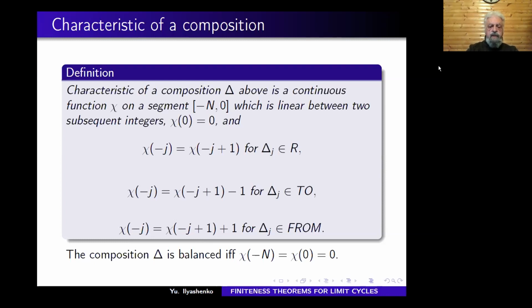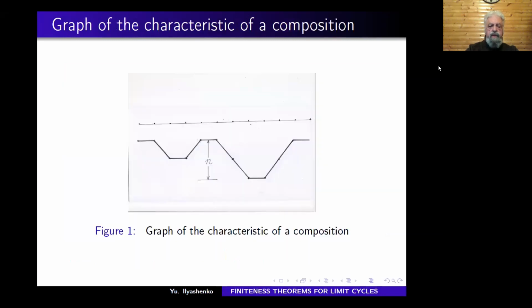The segment corresponding to a map to plunges by 1, and the segment corresponding to from lifts by 1. So this is an example of a graph of a characteristic map of a composition.